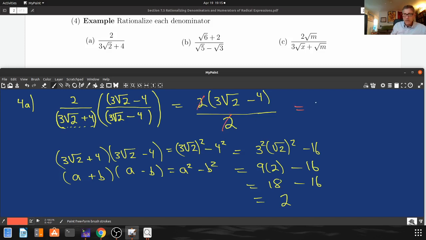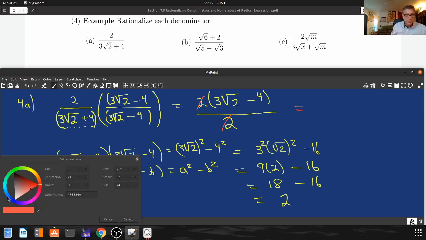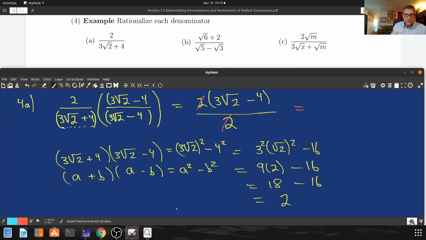And our end result is just 3 times the square root of 2 minus 4. So this trick of when you have a sum, and the trick of using this formula right here, requires that we're going to be dealing with radicals of index 2. So you're going to be looking for square roots.